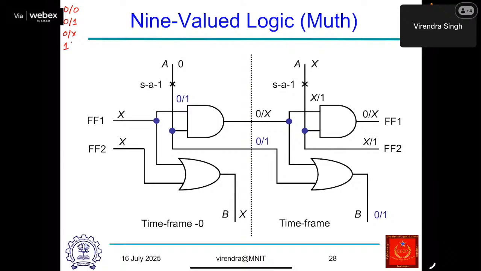Sorry, the first one is fault free. That's the convention we were using. So faulty is 0, fault free is 0; faulty is 0, fault free is 1; faulty is 1, fault free is 0; faulty is x, fault free is 1; faulty is 0, fault free is 1; faulty is also 1, fault free is 1, and so on. These are the nine possibilities.